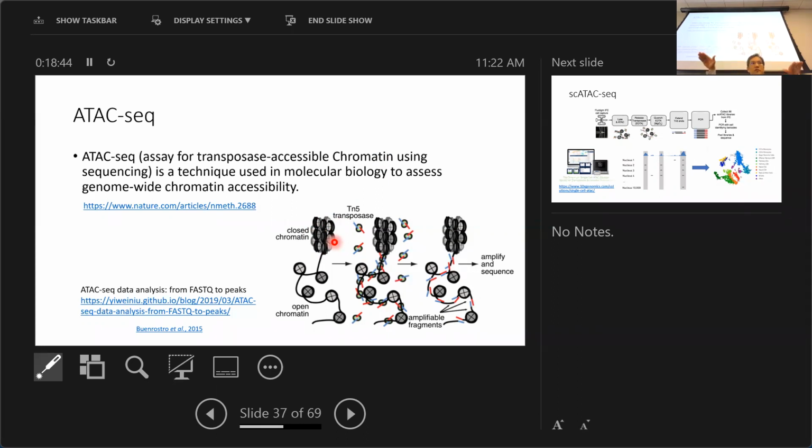So across the genome, some places are highly packed, not ready to be regulated, while some places are open. When people want to know, under which condition, which part of the genome is open, open often means the regulatory elements start to function. If you know which gene this regulatory element regulates, you know which gene is ready to be highly expressed. So people want to know this dynamic change of the open chromatin structure.